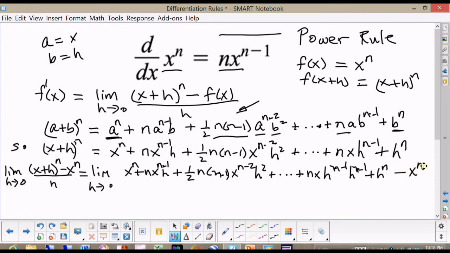Remember, we have to subtract off x to the n, and we divide all this by h.